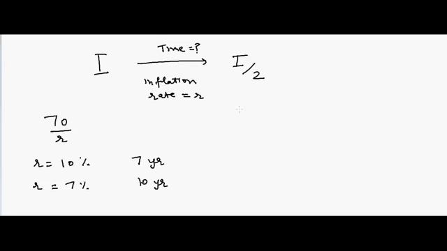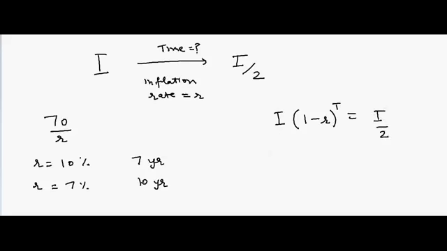So let's try to solve the same problem with a general approach. We have an investment, and we have an inflation, so we say I times (1 minus R) to the power T, where the inflation is for time period T, compounded every year, and that should be equal to I divided by 2, right?